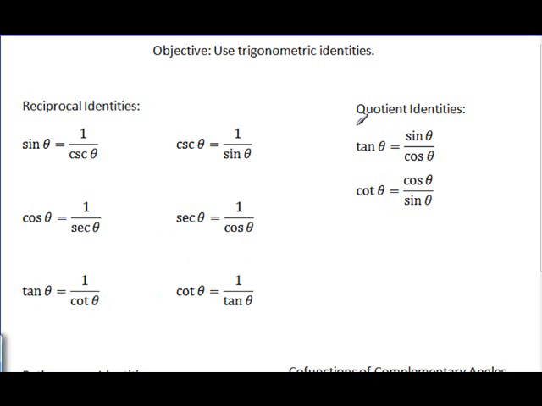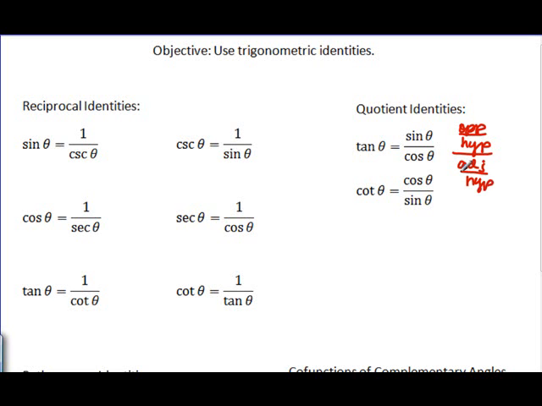Then we have quotient identities: tangent of theta is equal to sine of theta over cosine theta. If you remember how we defined it, sine of theta was opposite over hypotenuse, and cosine was adjacent over hypotenuse.